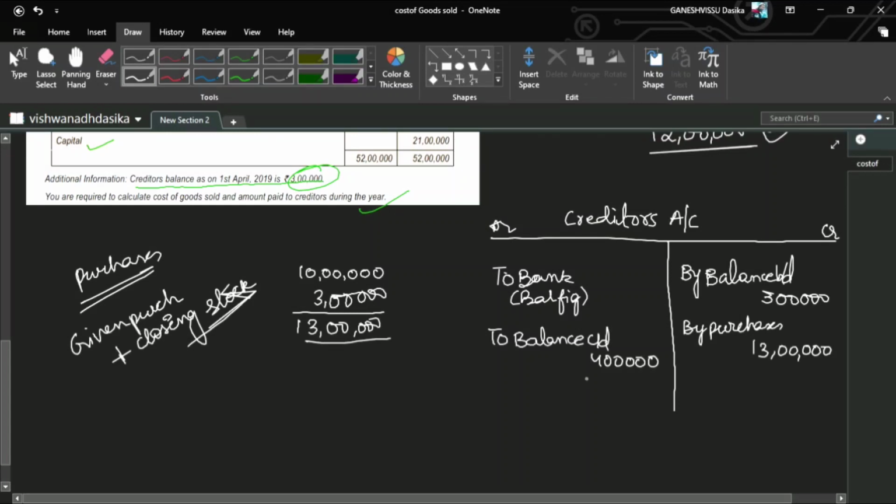And what will be the balancing figure? Thirteen lakhs plus 3 lakhs is 16 lakhs. 16 lakhs minus 4 lakhs is 12 lakhs. And on the opposite side we are going to add the same balance. Minus 4 lakhs is 12 lakhs.